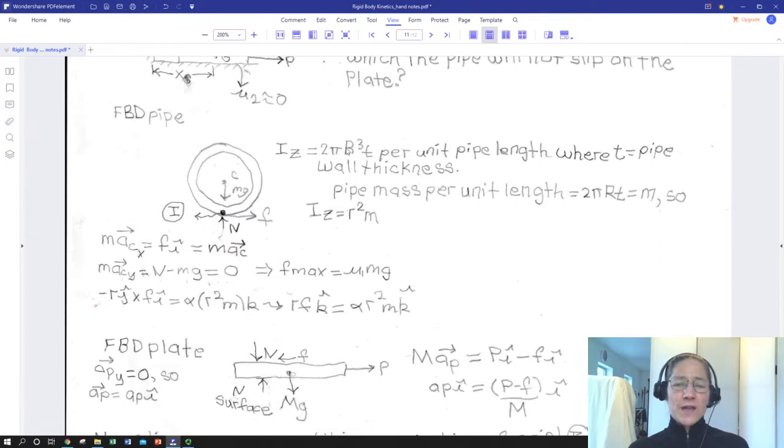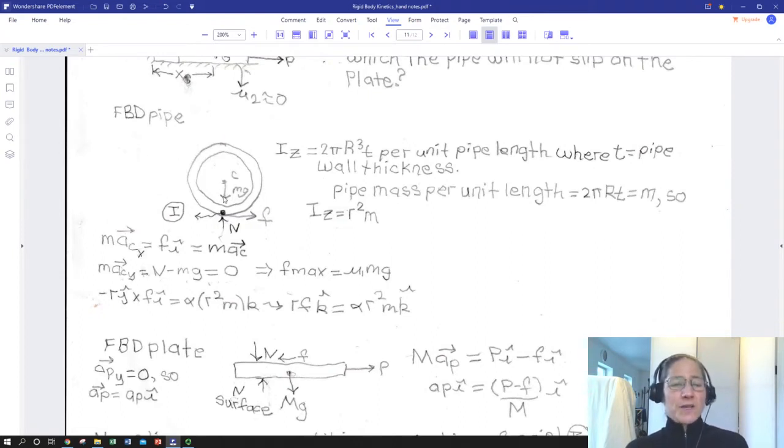We know that we have a polar moment of inertia about the center point, 2 pi times the radius of the pipe times the pipe thickness if it's really small. We can express that in terms of the pipe's mass per unit length, and we get an expression of our polar moment of inertia of the pipe as r squared m. So it's pretty simple. We have that ready to go to get an expression for angular acceleration as soon as we have a net moment, which we'll have pretty soon.